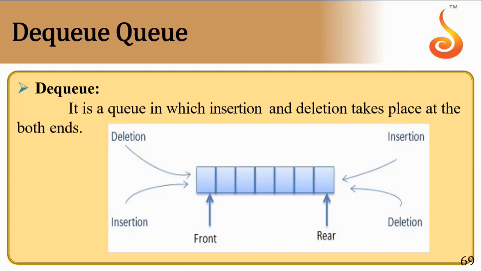That is, input restricted means the input will happen from the rear, but deletions can happen from both rear and front. Whereas in an output restricted double-ended queue, deletion can happen at only one end, but insertion can happen at both ends. This is input restricted and that is output restricted DQ.